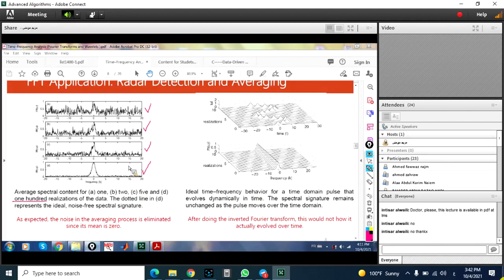It is clear that when we have a number of signals and we average them, the result is better. It is related to the kind of noise.